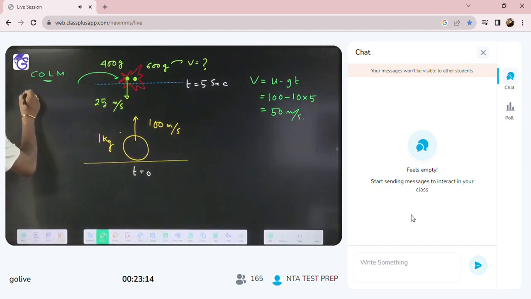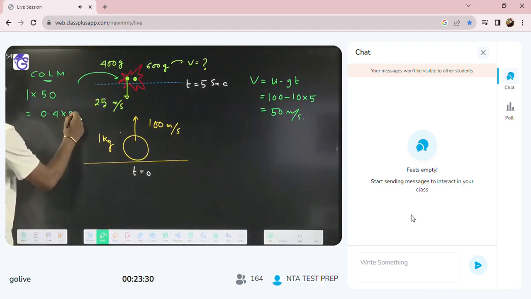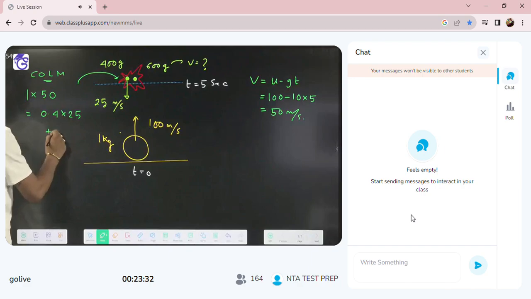Mass of the explosive is 1, velocity is equal to 50. That is equal to 0.4, since 400 gram means 0.4 kg, into 25, plus 600 gram means 0.6 kg, into v.